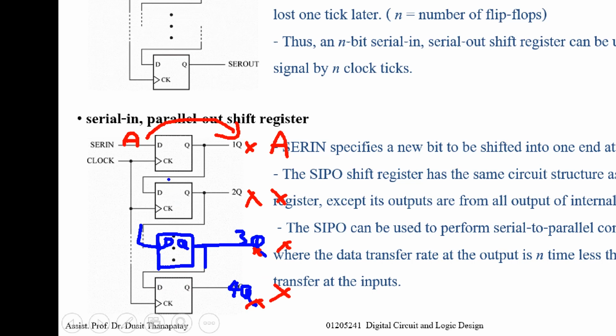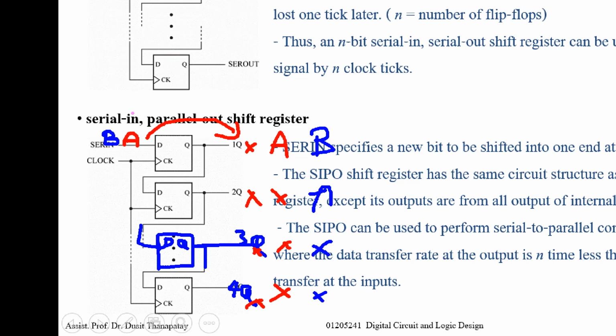For the next clock tick, if the next value at serial in is B, then this one is unspecified, this one is A, and the input here is B. So after the clock tick, it becomes unspecified, A, and then B, right?